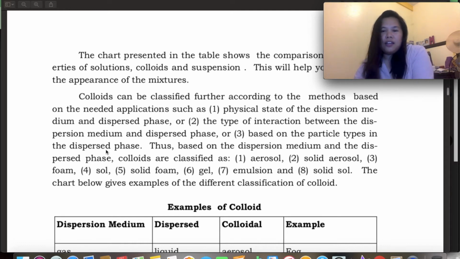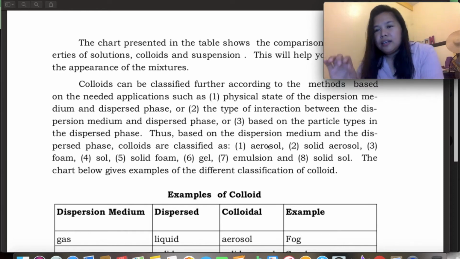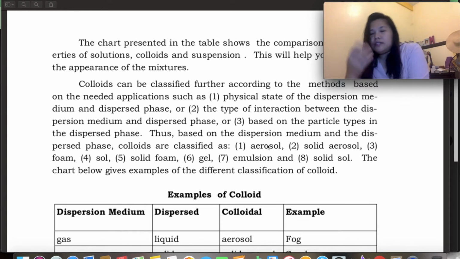Okay, now, based on the dispersion medium and the dispersion phase, colloids are classified as aerosol. Aerosol is what we spray at home, in the car, like Lysol and the like.